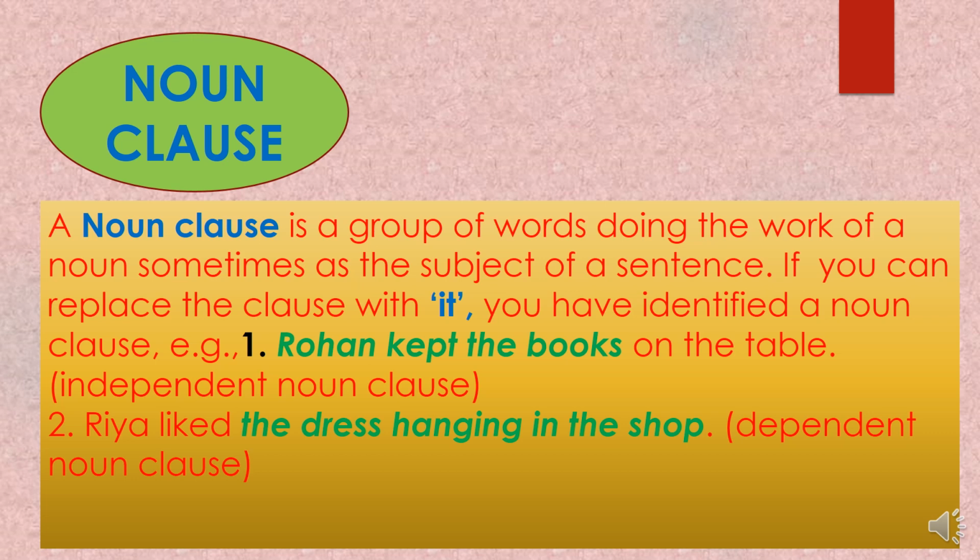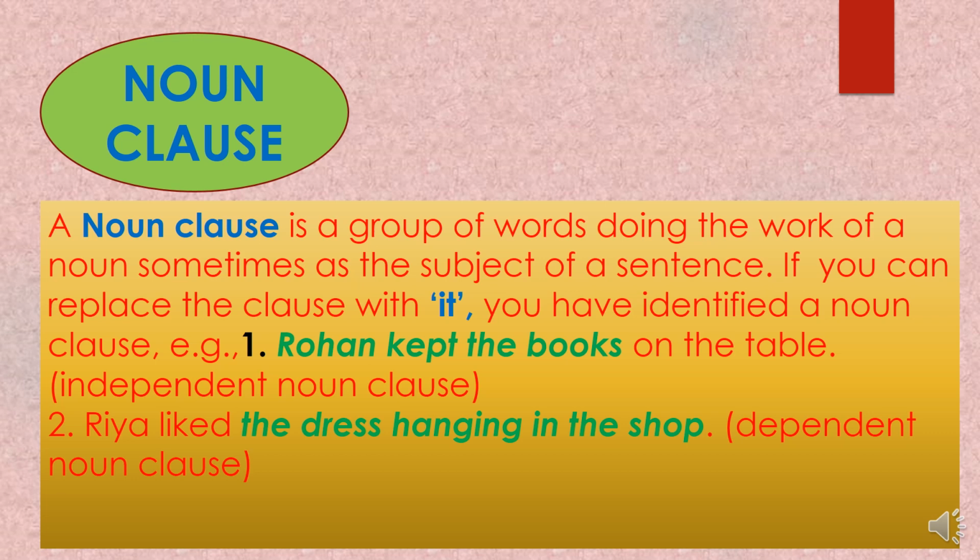And why is it a noun clause? Because you can replace it with "it". See, Riya liked the dress hanging in the shop. You can replace the object, the dress, with "it". See, Riya liked it hanging in the shop. In the shop is a phrase, a prepositional phrase, using the preposition in.